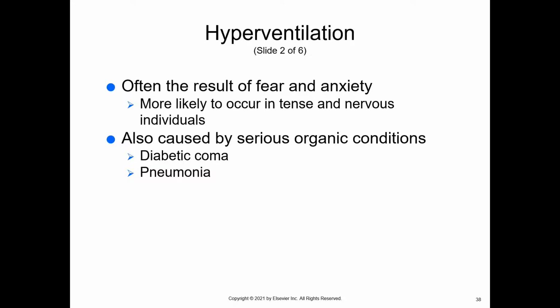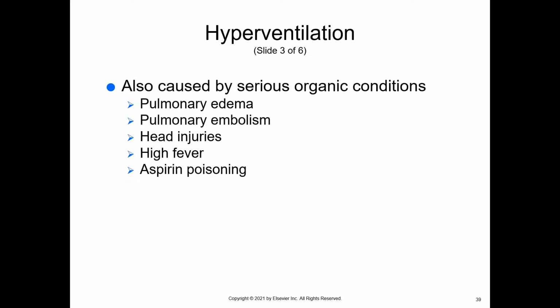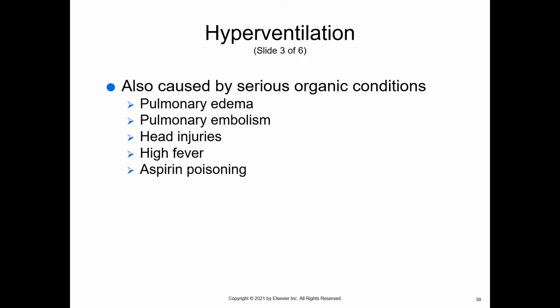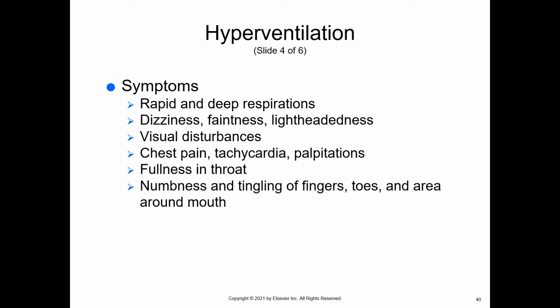Often the result of fear and anxiety, and more likely to occur in tense and nervous individuals. Also caused by serious organic conditions, such as diabetic coma or pneumonia. Pulmonary edema, pulmonary embolisms, head injuries, high fever, and aspirin poisoning all can cause this condition of hyperventilation.